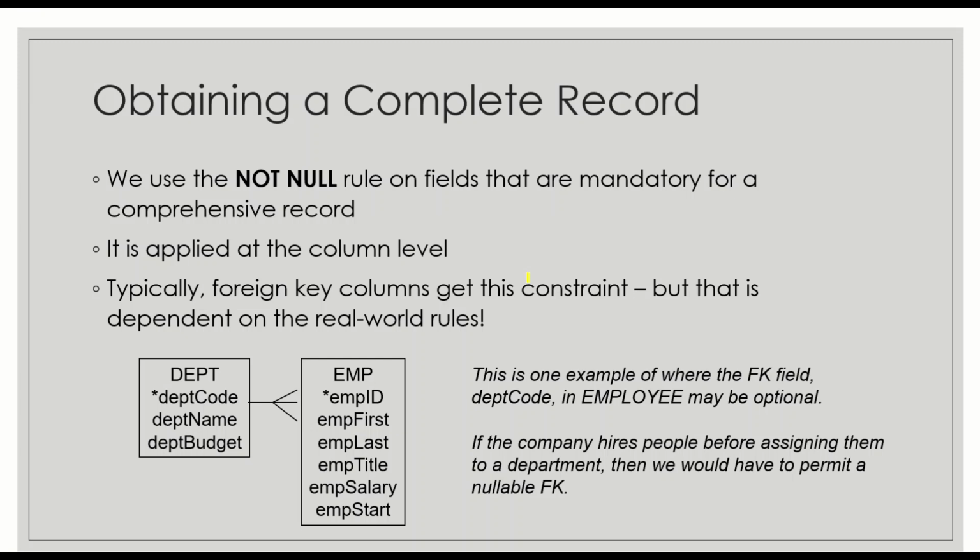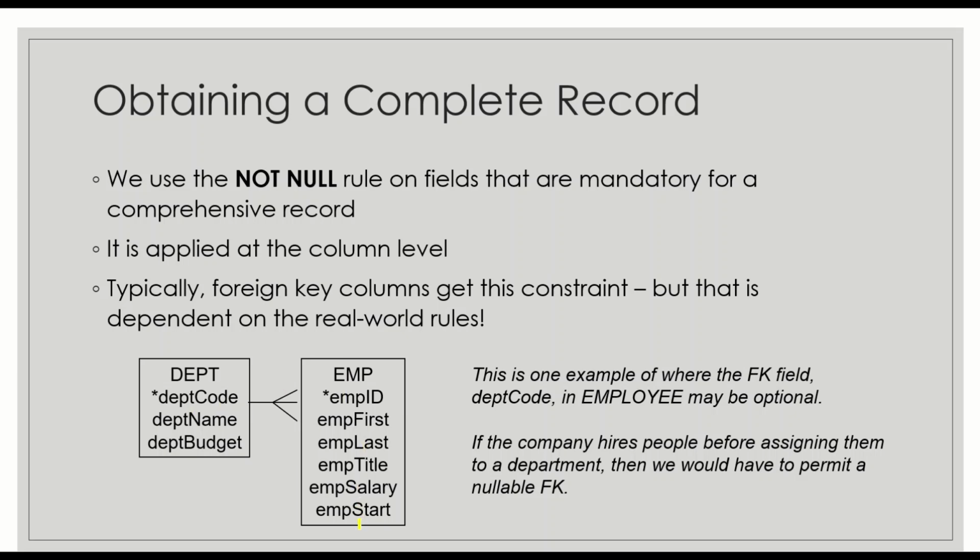Now, on the topic of nulls or not nulls, we use not null on fields that are mandatory for complete or comprehensive records. Not null is always applied at the column level. And typically, we do assign foreign key columns to not null. That is the most common thing that we do when we create a one-to-many relationship. Usually, we would want to say there has to be one matching foreign key.